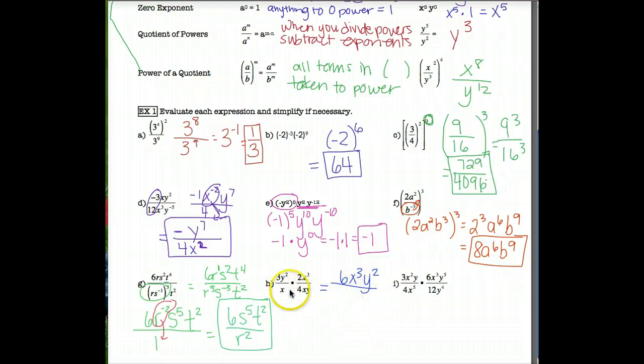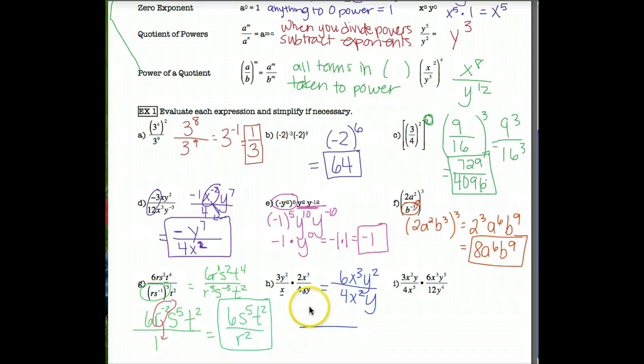On the bottom, I do have some like variables here, so the 4 comes along, x times x is x squared, and then I've got my y. So now it looks very similar to what I had in G as well as what I had in D, so deal with each piece separately. So 6 divided by 4, that doesn't come out evenly, but it does reduce.